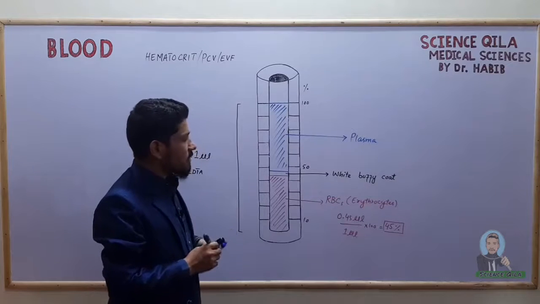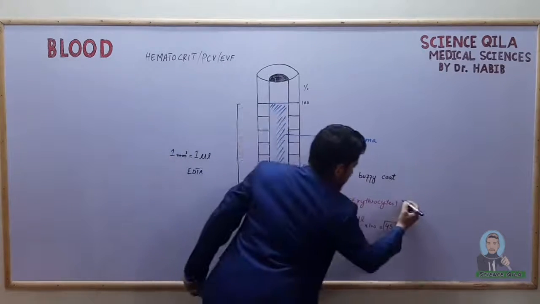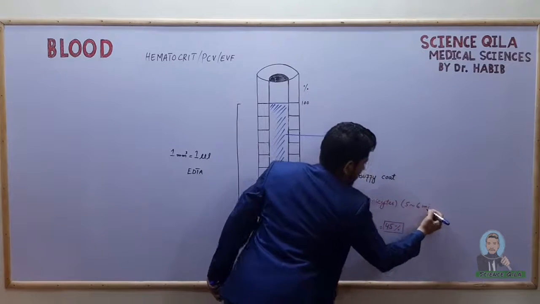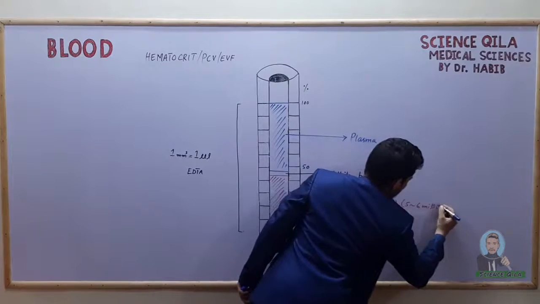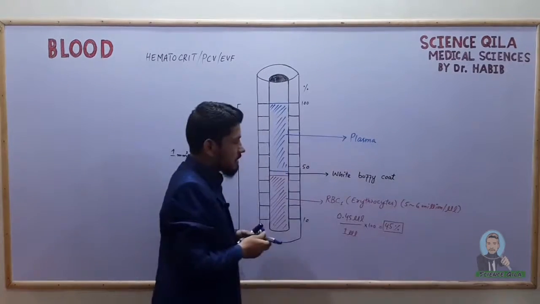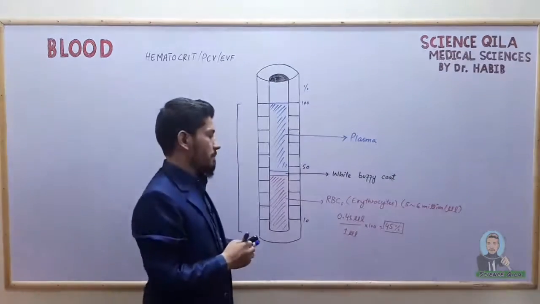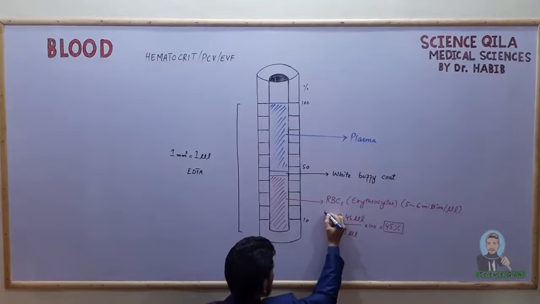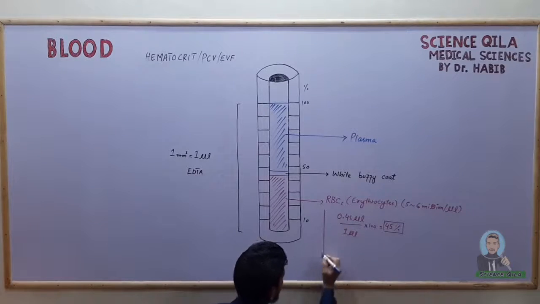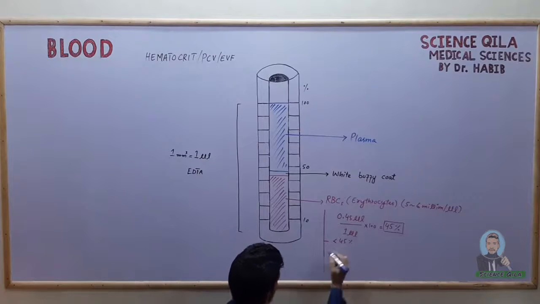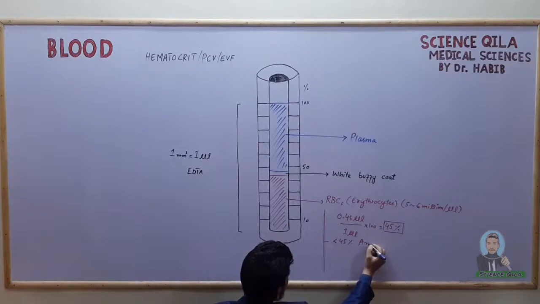The normal value of the red blood cells is around 5 to 6 million per microliter. So here we get 2 conditions. Let's suppose there is a patient and he has less than 45% red blood cells, we will call this condition anemia.